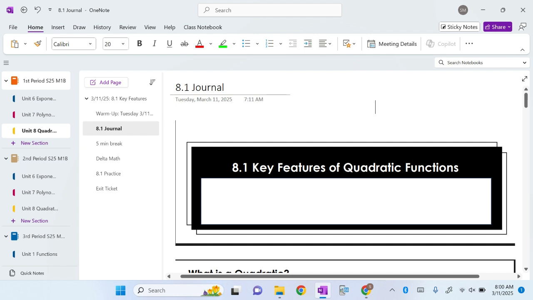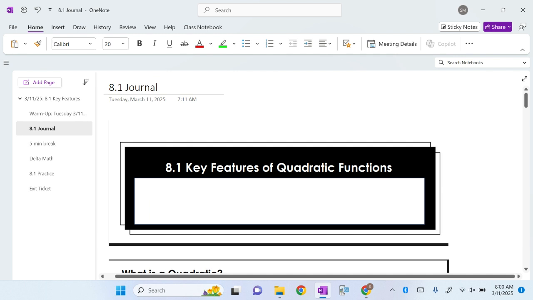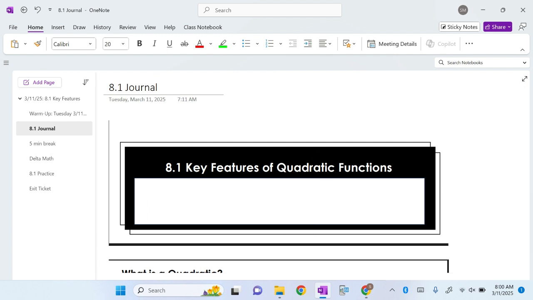All right. So like I said, today we're talking about a brand new function type, which is quadratic functions. So completely different than linear functions and exponential, which were the only two that we have been dealing with.